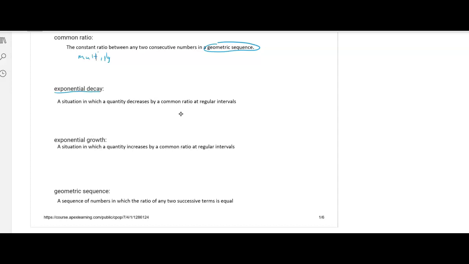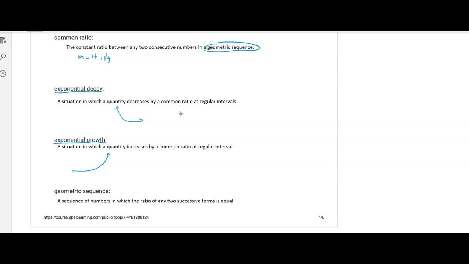You get exponential decay or exponential growth. Exponential decay is a quantity that starts real high and decreases quickly, whereas exponential growth starts out low, and as you go to the right, or as x gets bigger, the y value grows.